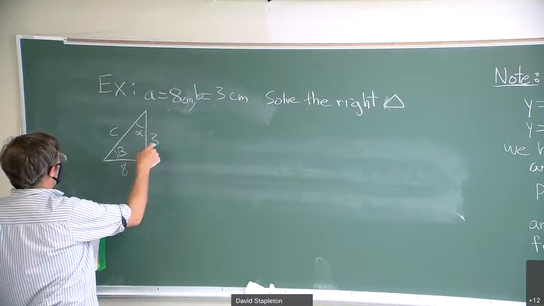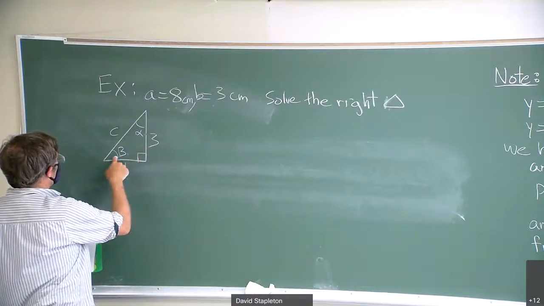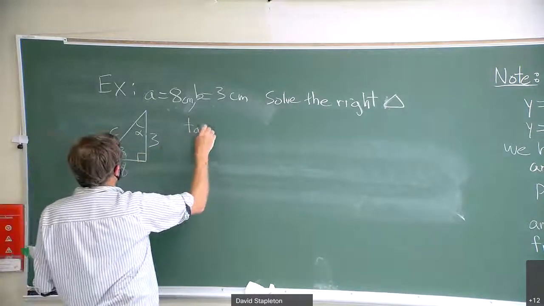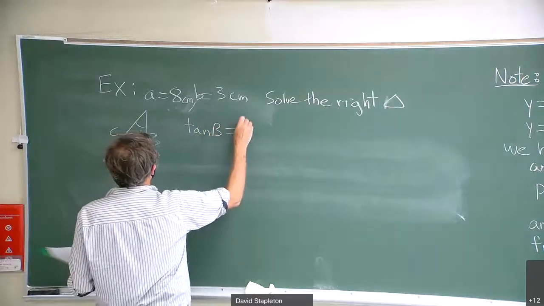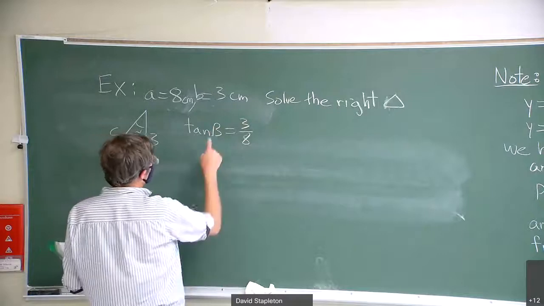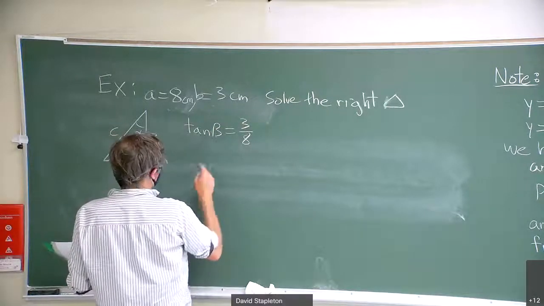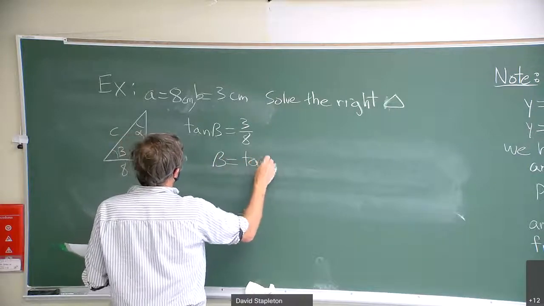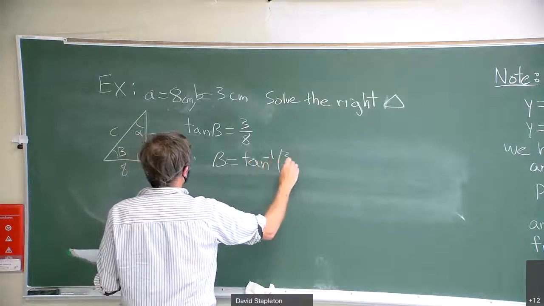Well, I noticed that the tangent of this angle is this over this, right? So I'll say tangent beta is 3 over 8. It relates two numbers I have and the one I don't. Then in a right triangle only, I can say beta automatically is the arctangent of 3 over 8. Why?